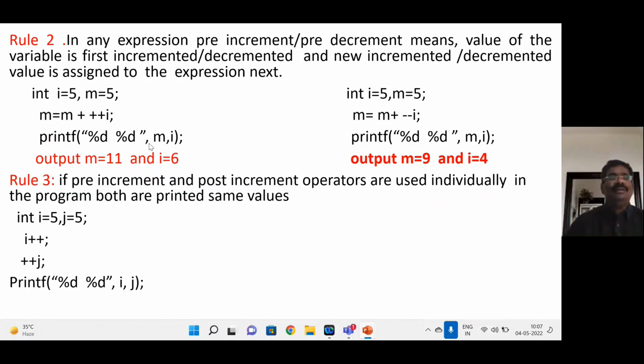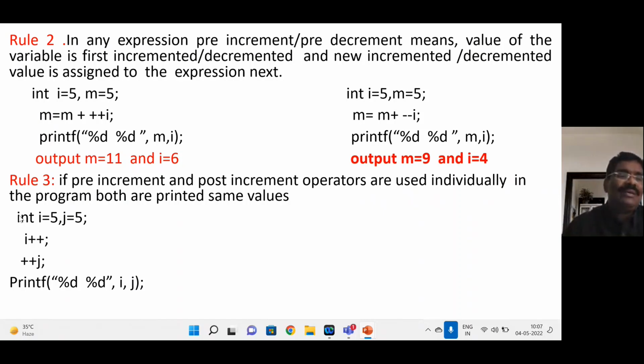And the third rule: if pre-increment and post-increment operators are used individually in the program, both print the same value.